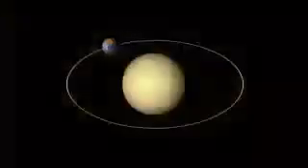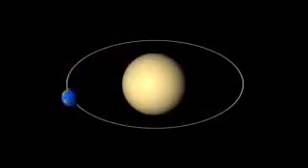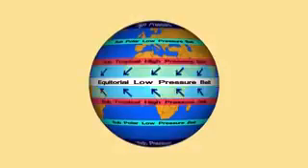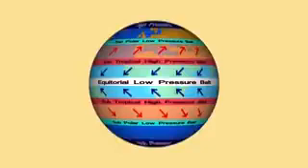Based on the rotation and revolution of the earth and the apparent movement of the sun, different pressure belts have developed on the earth, and the surface winds move from high pressure areas to low pressure areas. Some of the important winds on the earth are easterlies, westerlies, polar winds, and the monsoon winds.